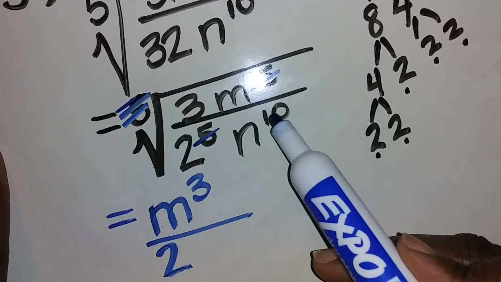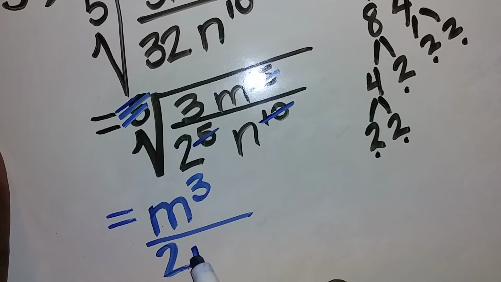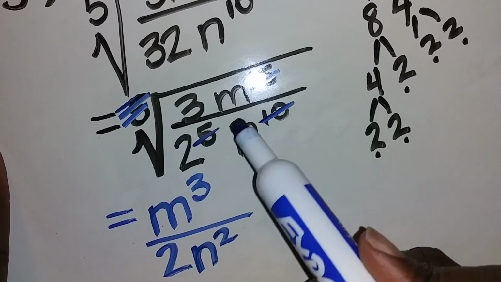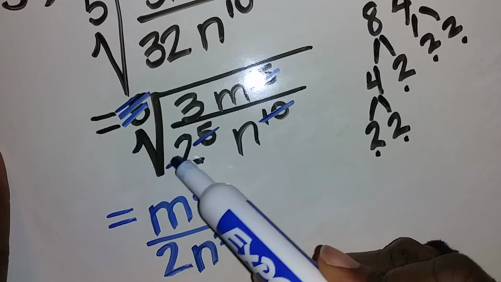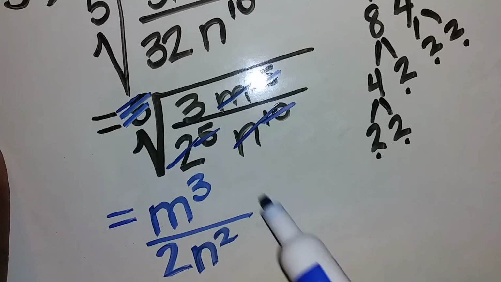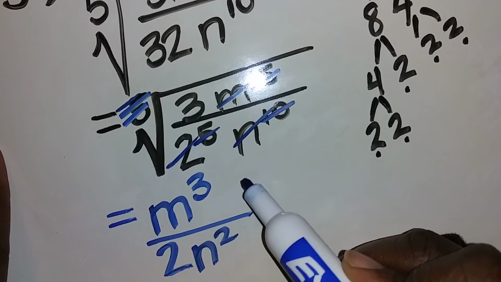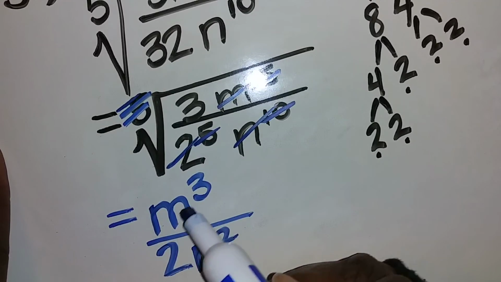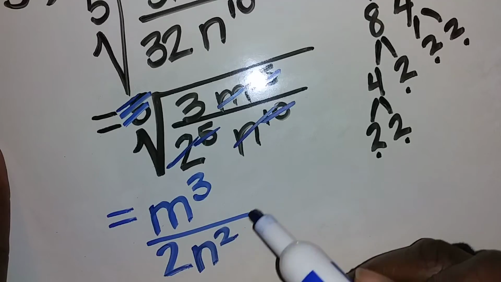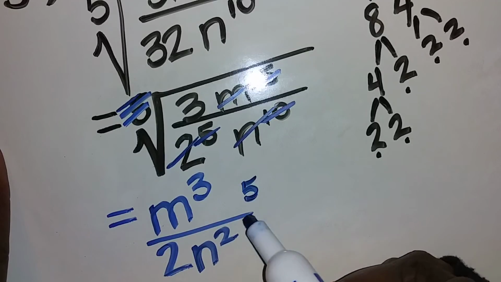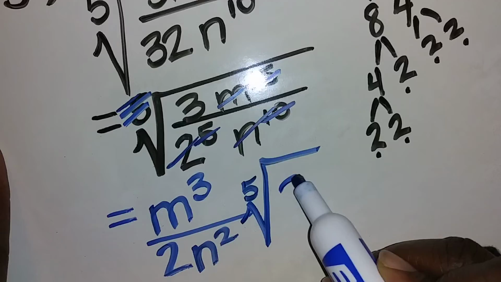I know 5 goes into 10 twice, so I'm left with n to the 2nd. If you notice, I got rid of the 2, the m, and the n. I brought them out, but 3 is remaining under that root. So I have m to the 3rd divided by 2n squared times the 5th root of 3 still.